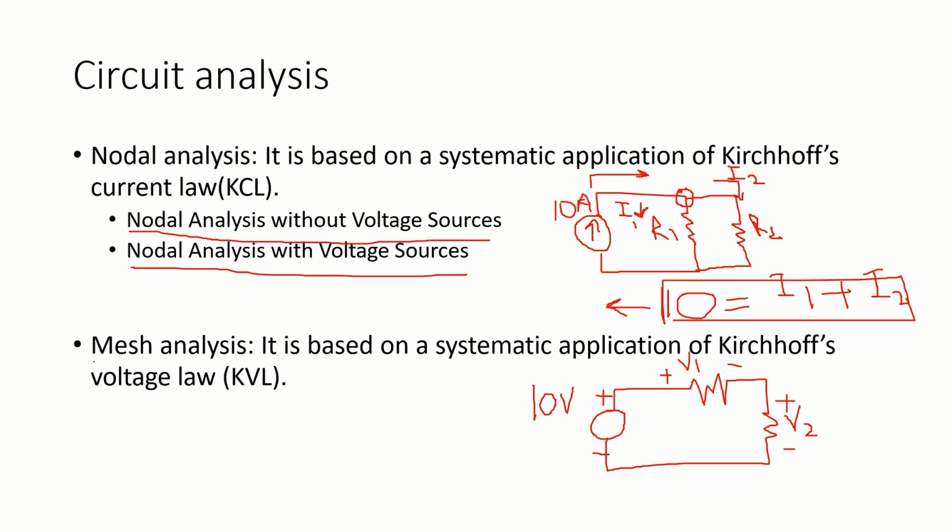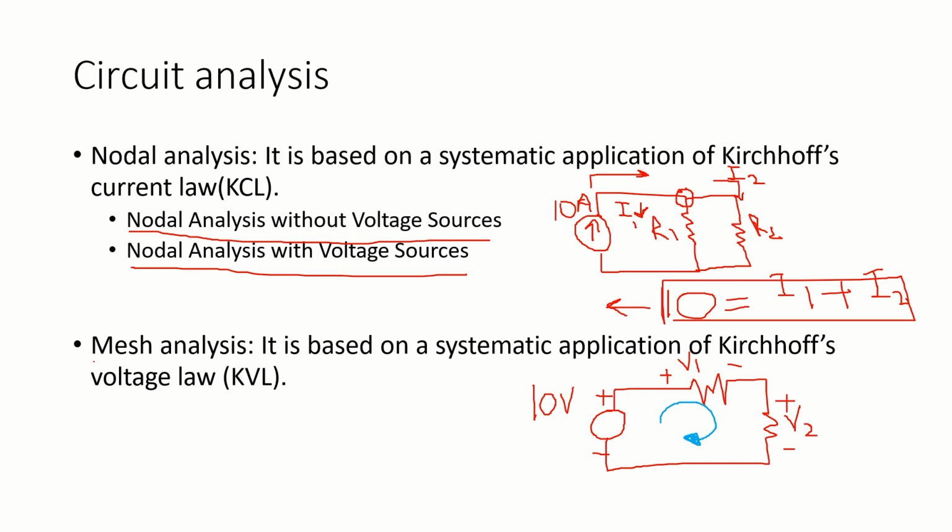So what KVL says is that we need to move in anti-clockwise direction and just simply use the first sign that is in the way. For example, let's move in anti-clockwise direction. When I'm moving in anti-clockwise direction, the first sign that I come across is this negative sign.